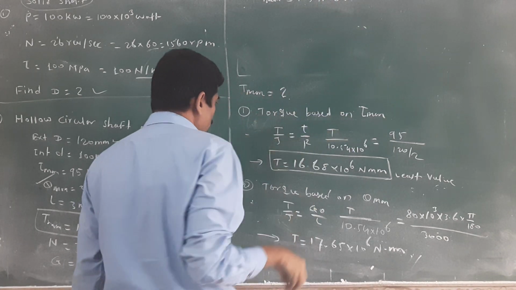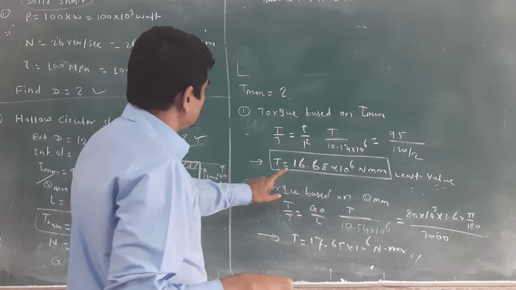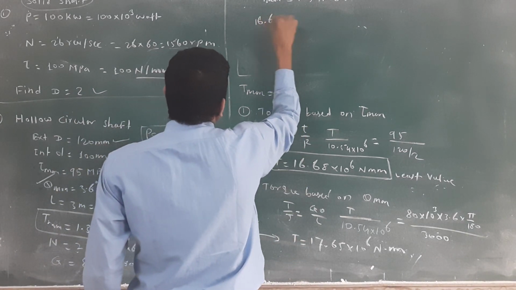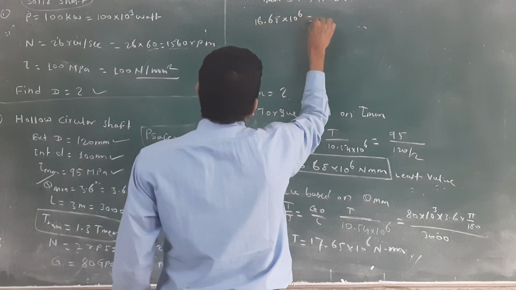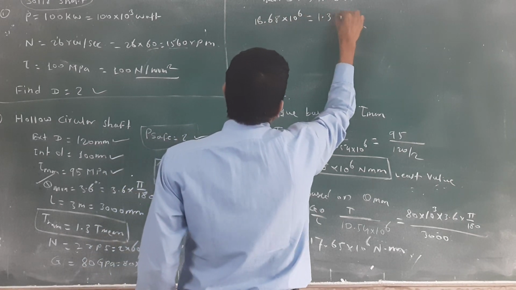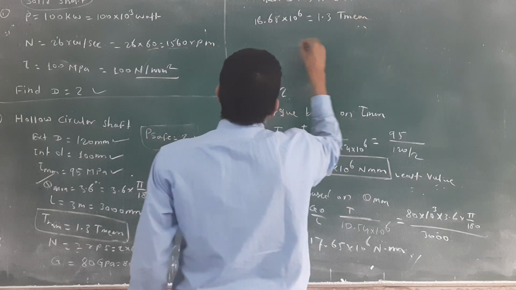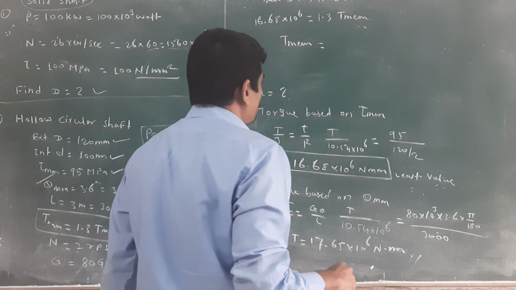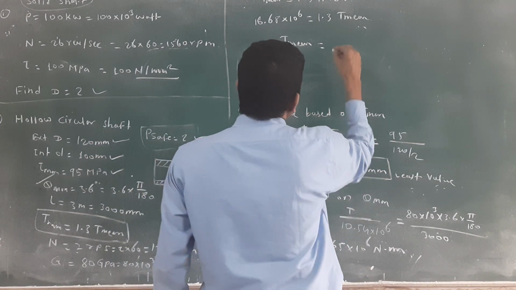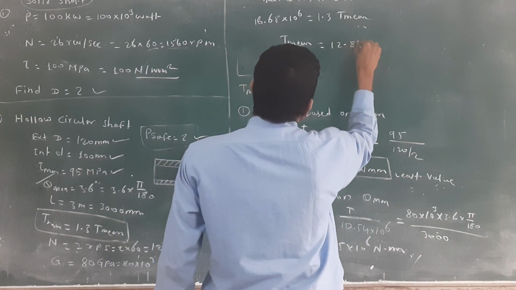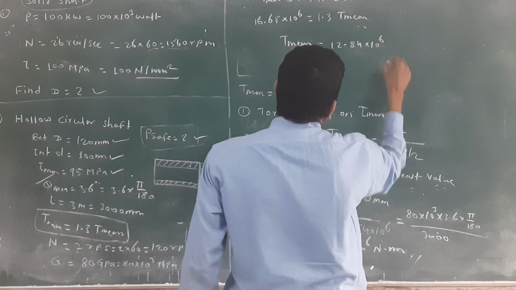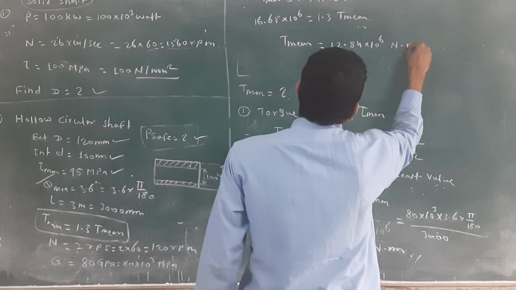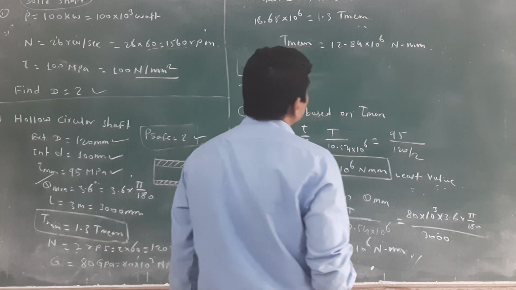Then what is the value of T max? T max is the least value, 16.68 into 10 raised to 6, equal to 1.3 T min. If you calculate the value of T min, then you get 12.84 into 10 raised to 6 Newton mm.